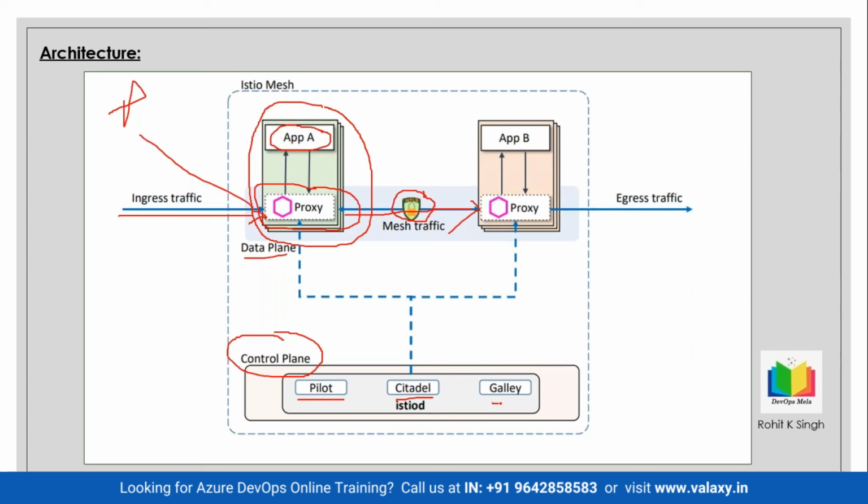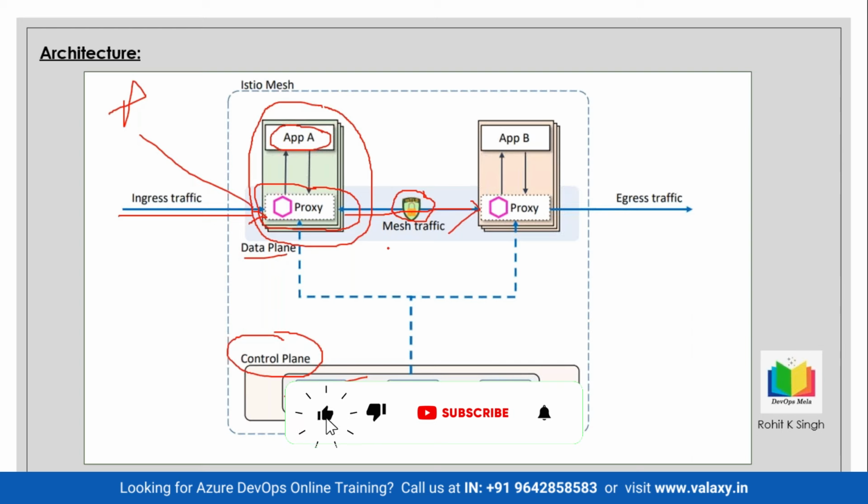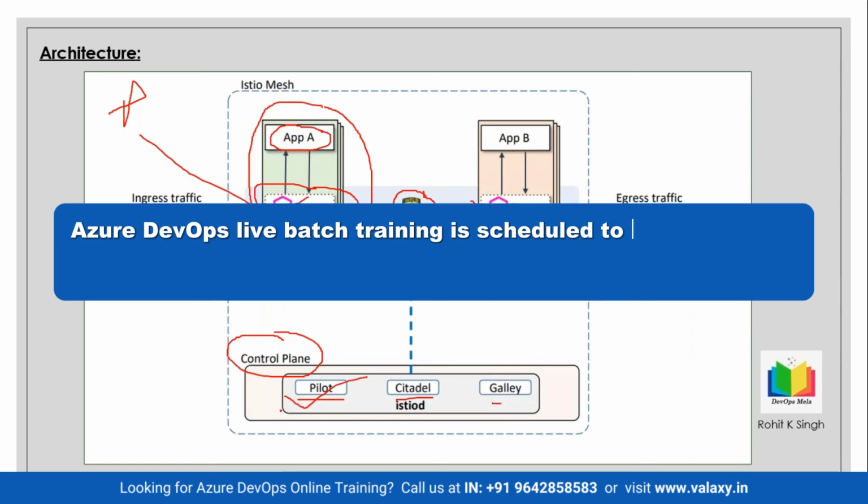In the control plane there are three important components. Pilot, you can consider, is the captain of your ship. It handles all the configuration and programming of the Envoy proxy sidecar. All these Envoy proxies you see over here, all their configuration and programming is handled by this guy, Pilot.